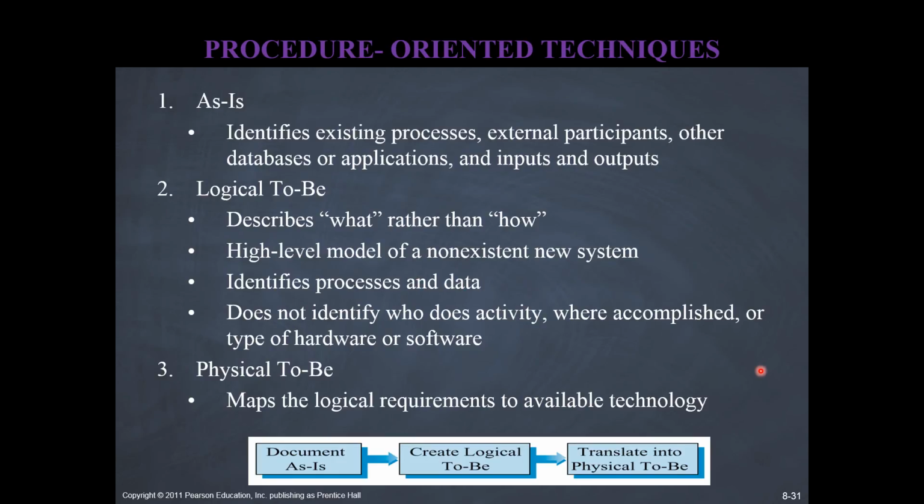They may not identify who does the activity, where it's accomplished, or the type of hardware and software that is used, again to avoid this technology or people bias. And then once you create those logical models, logical to-be descriptions, you translate them into physical to-be. You map the logical requirements to available technology, meaning specific hardware and software technologies, as well as database technologies supporting your data or process requirements. So this is the essence of procedure-oriented techniques.